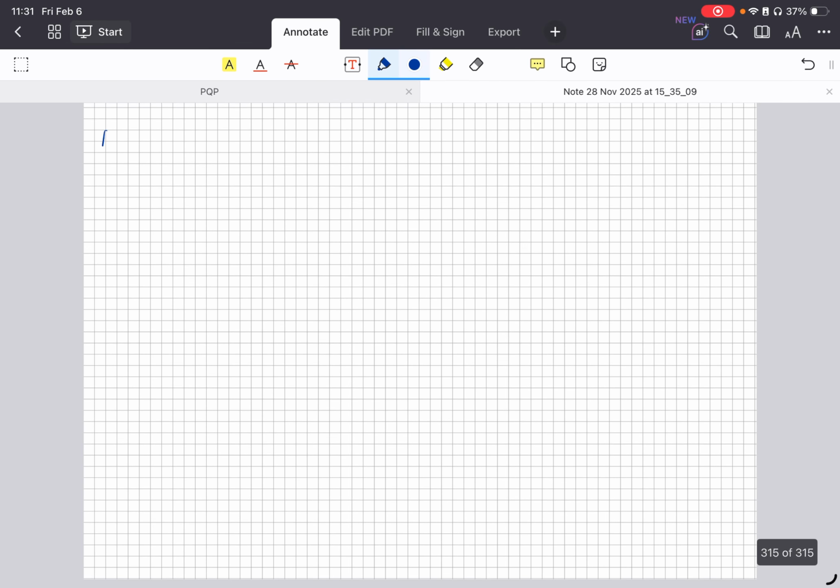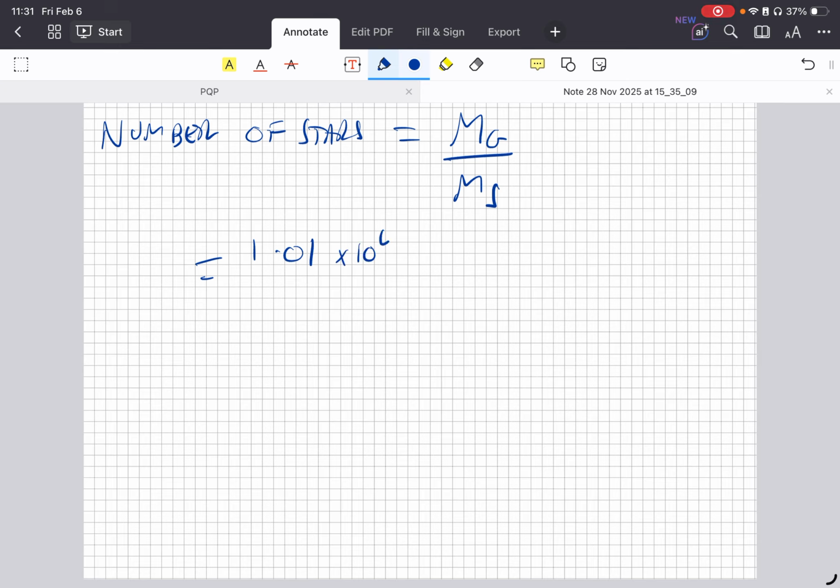So the number of stars is given by dividing the mass of the galaxy by the mass of the sun. When we put in the numbers, this is the 1.01 times 10 to the 41 kilograms that we just estimated, and the mass of the sun was 2.0 times 10 to the 30 kilograms.